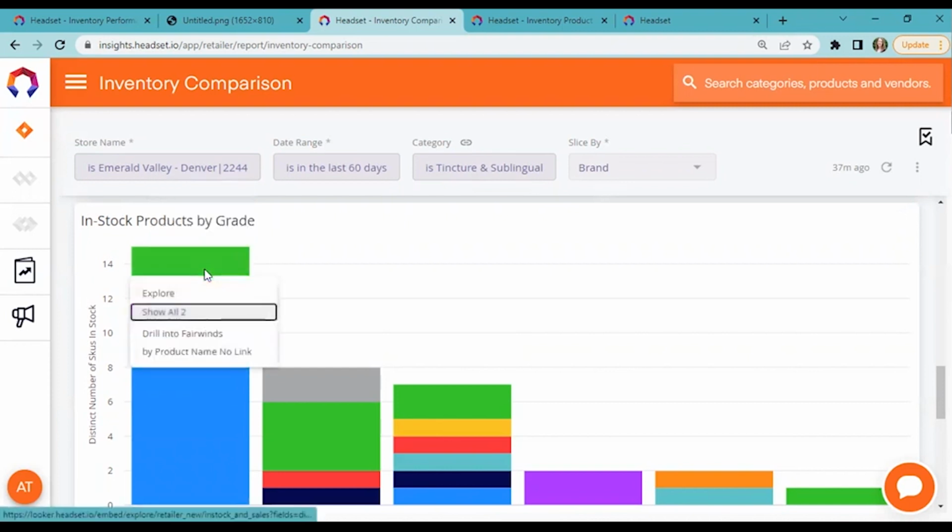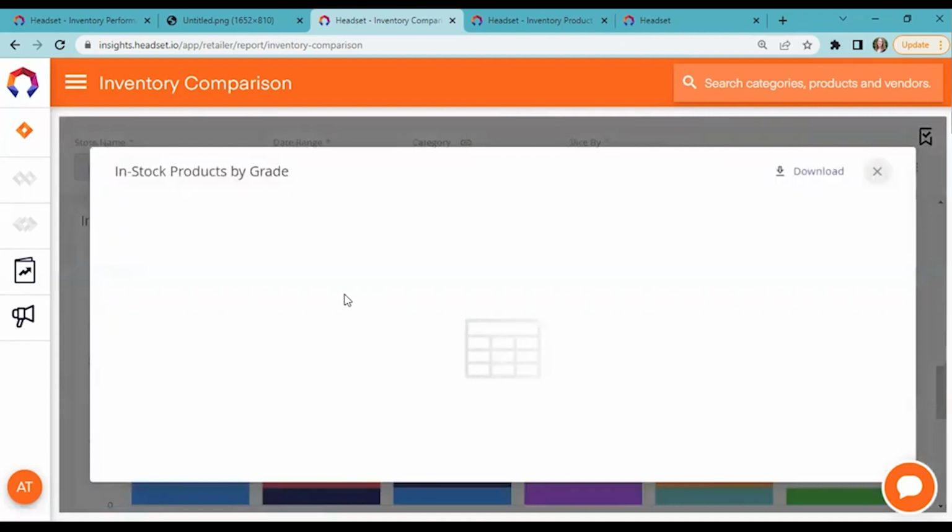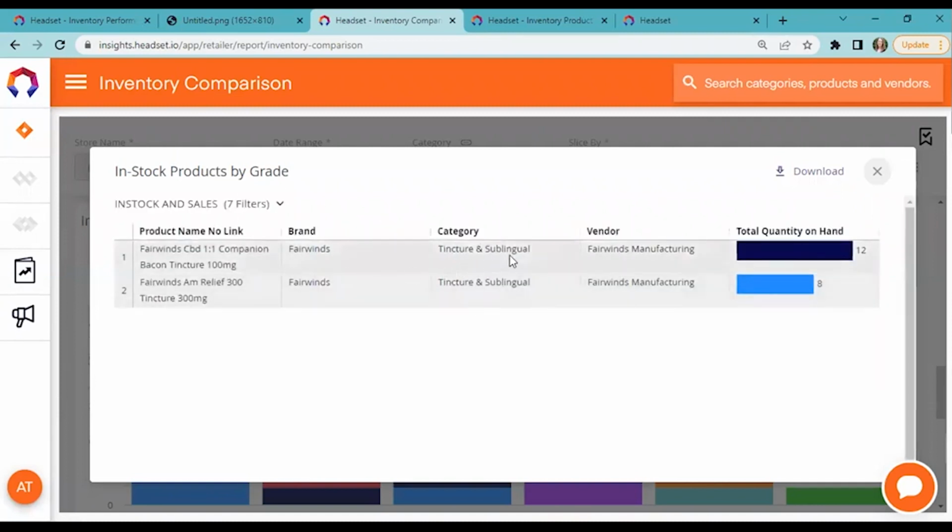We can even click into this bar and show all 2 products and see exactly which products are your poor performers. So once this loads, based on the quantity we have on hand, maybe these are ones that we got in recently and haven't necessarily had a chance to sell, but if you're closer to your inventory management, you would be able to know that.